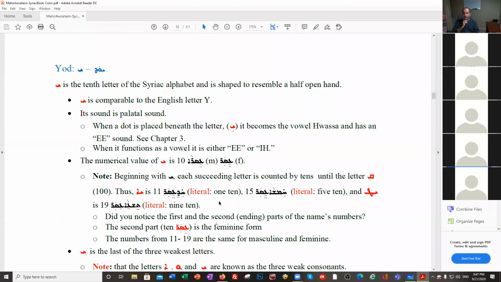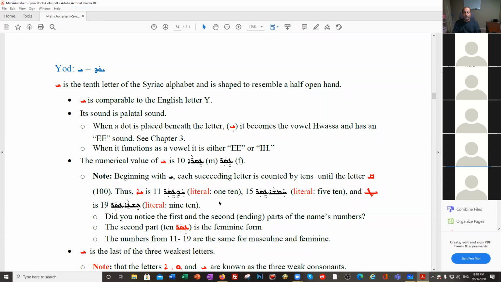Yod. Yod is a Y in English. Look at it. Looks like half, but only 2. I mean half half, which means U. What is the half of W? Is U, right? So almost small U. It's a Y in English.